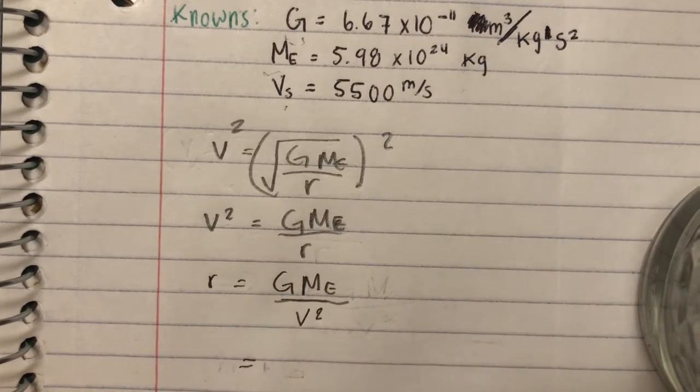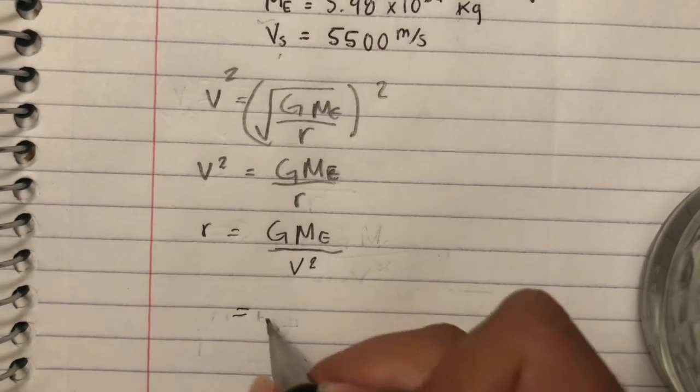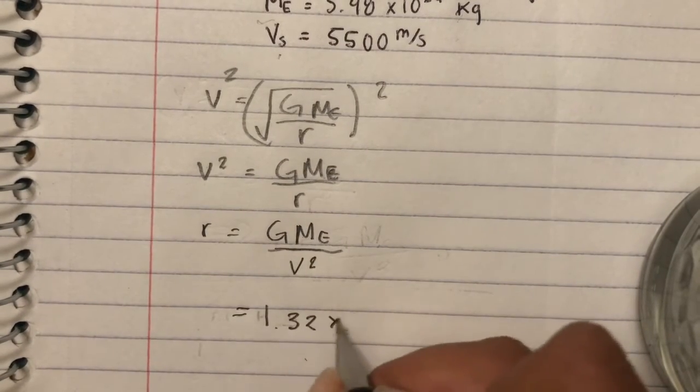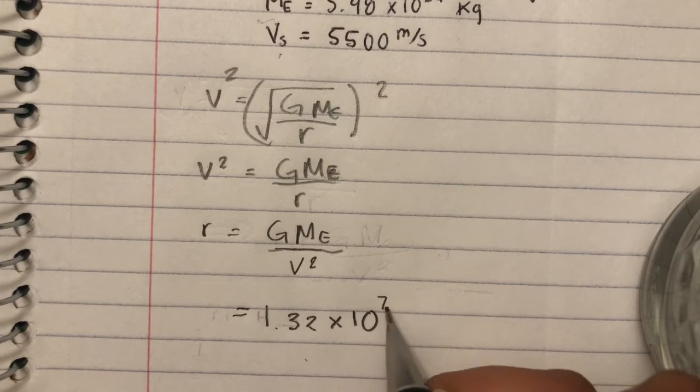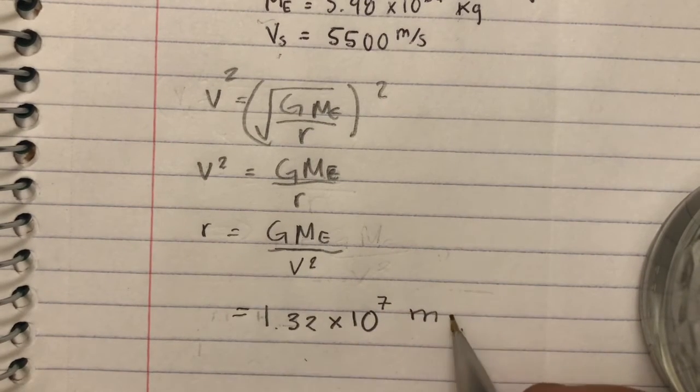Okay, so when you plug everything in, you'll be left with 1.32 times 10 to the power of 7.